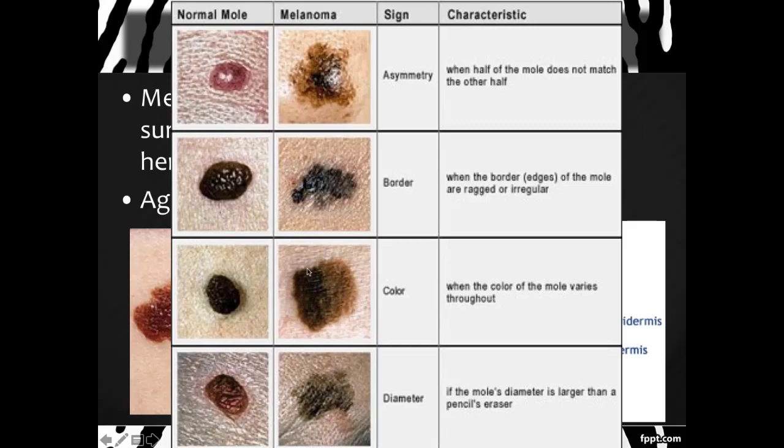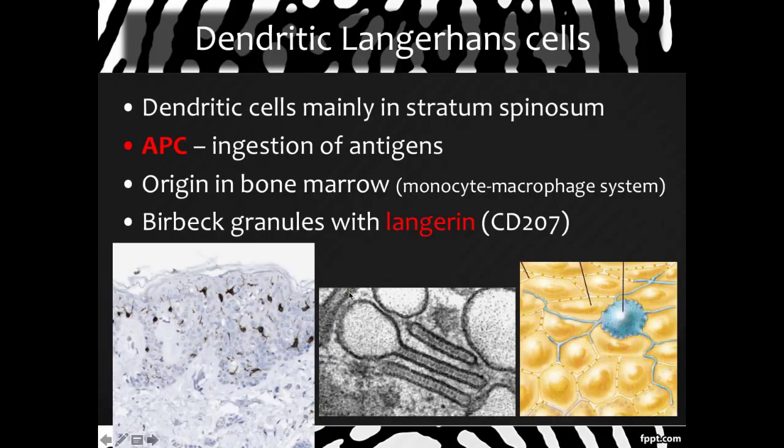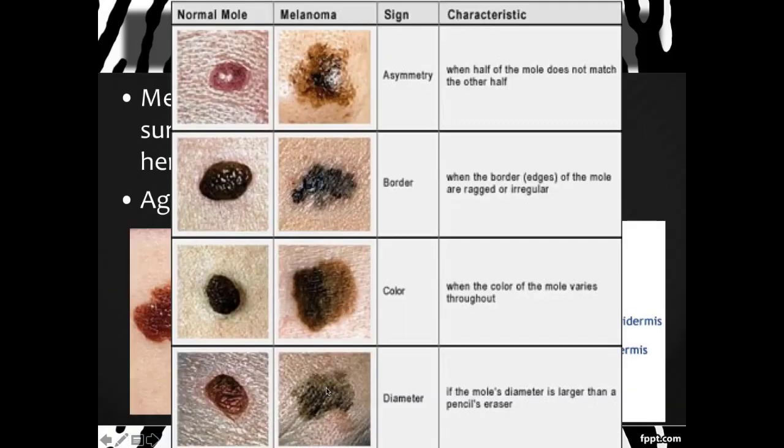It varies from one side to another, and also the diameter when it's bigger and when it grows bigger in time. Those are highly suspicious signs of malignancy.